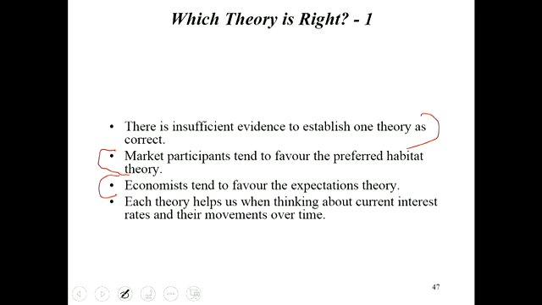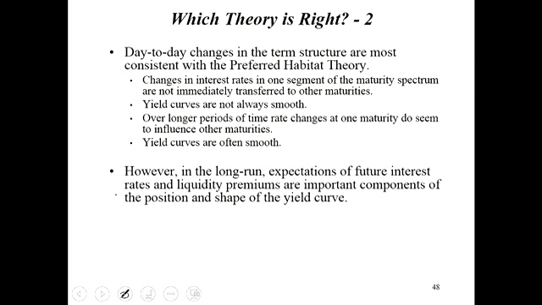But when we think about them, each of these theories has some value if we have to assess either why interest rates have changed in the manner they do, or we're looking into the future and trying to figure out what might happen to the interest rates. So overall, the day-to-day changes are consistent with the preferred habitat theory.